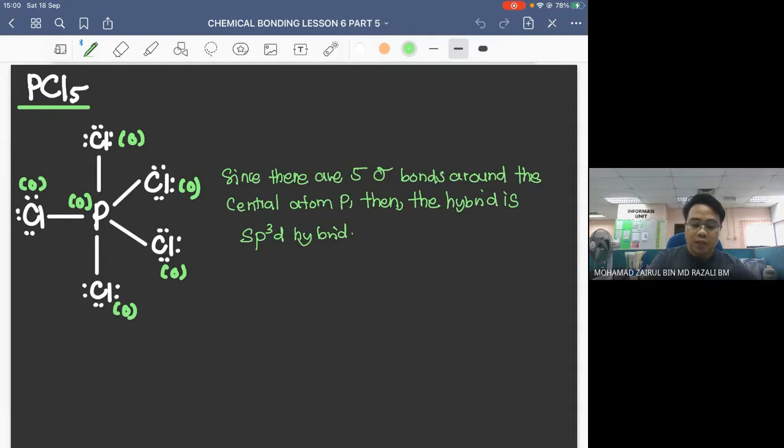So if you look at the Lewis structure, we have 1, 2, 3, 4, 5 sigma bond. So 5 sigma bond, 0 lone pair around the central atom. That means the hybrid on the central atom phosphorus is sp³d hybrid. After you determine the hybrid, then we can draw the orbital diagram for the valence electron for phosphorus and also for the chlorine.